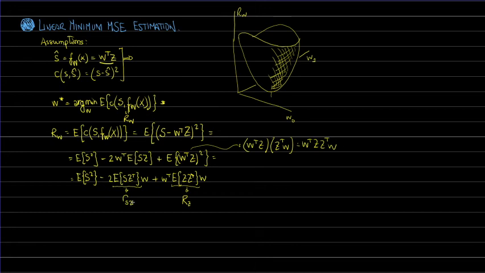It's the cross correlation between Z and S. Therefore, the risk is equal to the expected value of S squared, minus 2 times R_SZ transpose W, plus W transpose R_Z W.